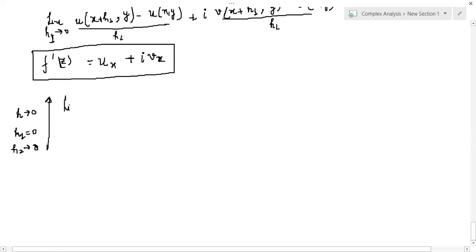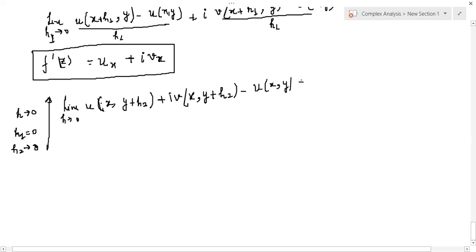I'm directly writing, we'll get limit h tends to 0, u of x comma y plus h2 plus iota v of x comma y plus h2 minus u of x comma y minus iota v of x comma y, divided by simply h2.